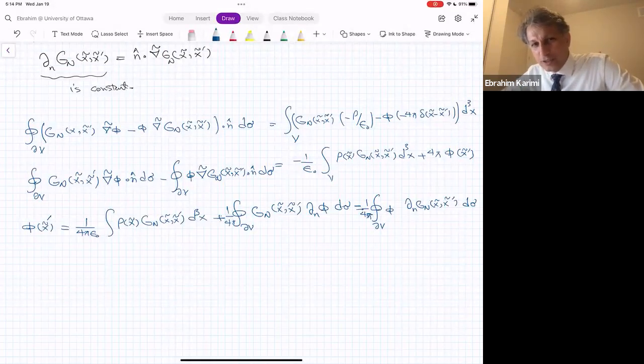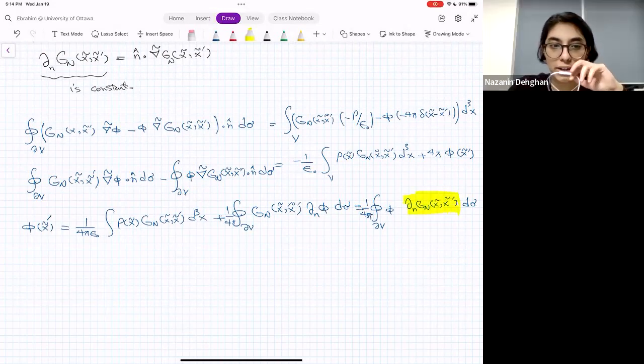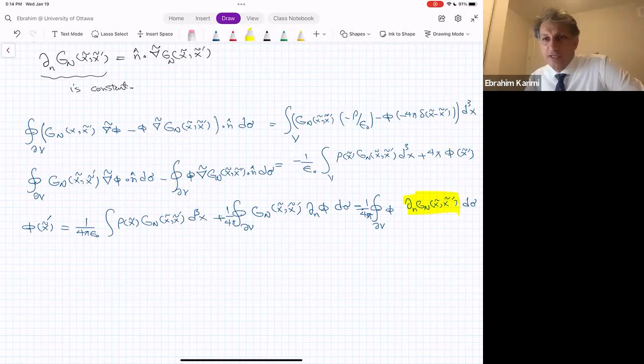Now, based on Neumann boundary condition, what is this value? It's a constant, right? It will be out of the integral, and then that will be the integral of phi d sigma. So it will be the integral of the potential on a surface.